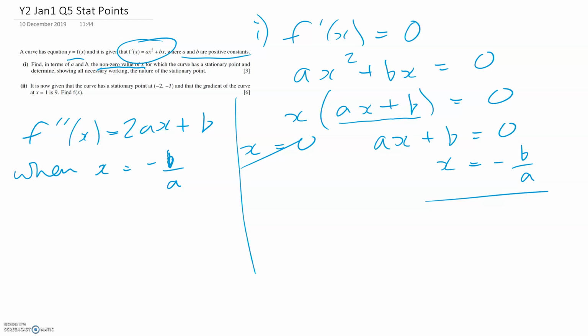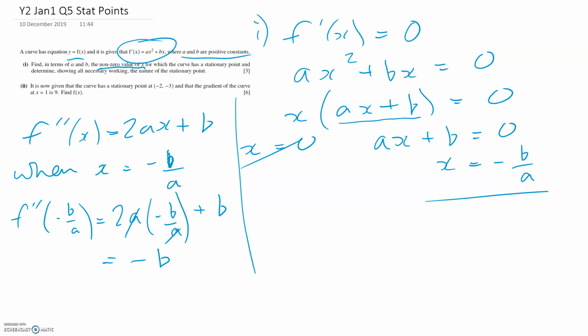So when we do that, the second derivative will equal 2a times minus b over a, plus b. Now these are going to cancel, and that's going to leave us with minus 2b plus b, which is just minus b.